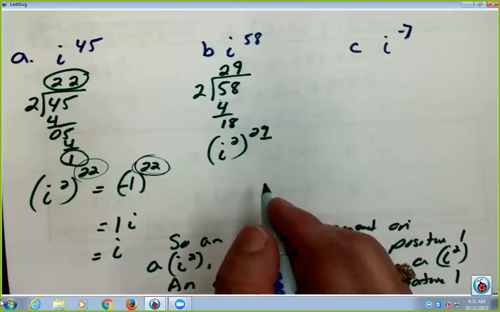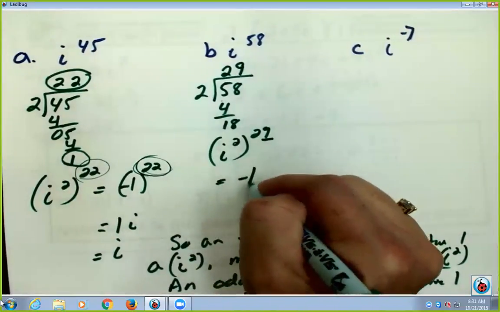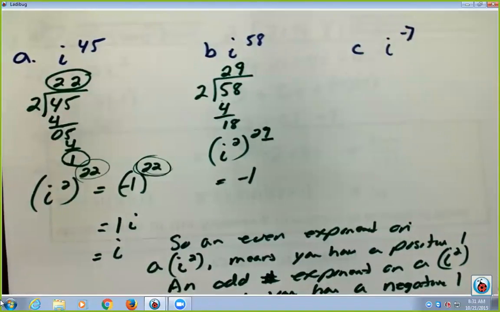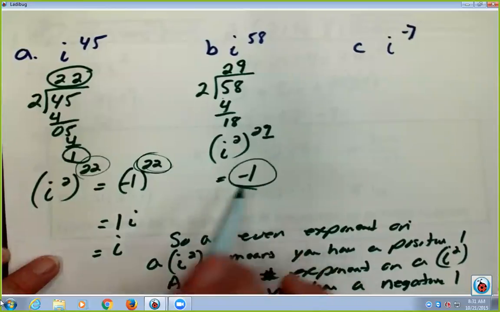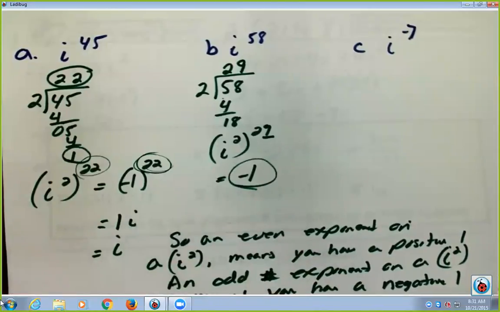So therefore, my answer to this question is simply a negative 1. I don't have any remainders because it divided out perfectly. So the last thing that I'd be left with is a negative 1 for that one. So keep in mind those powers.